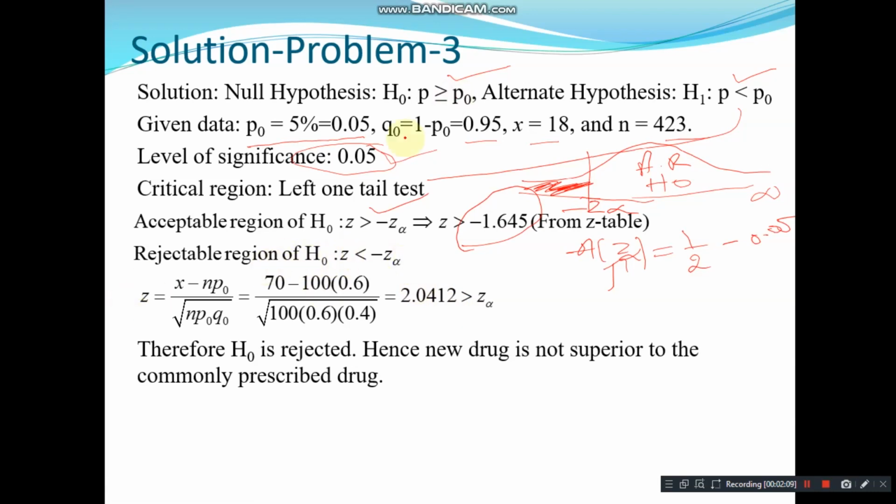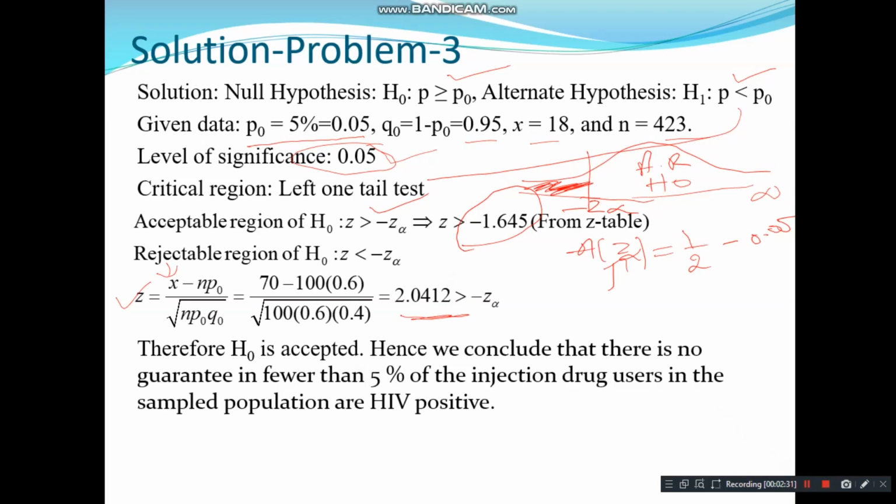Now from the given data, whatever quantities are given, we substitute in the formula, so you will get 2.0412. But observe here, this is greater than minus Z alpha.